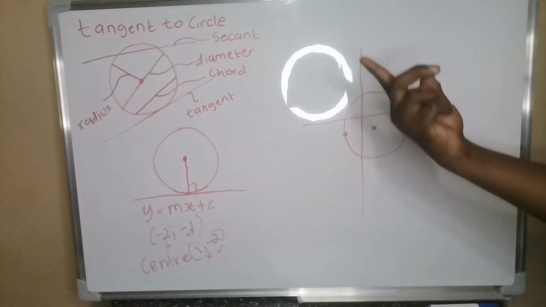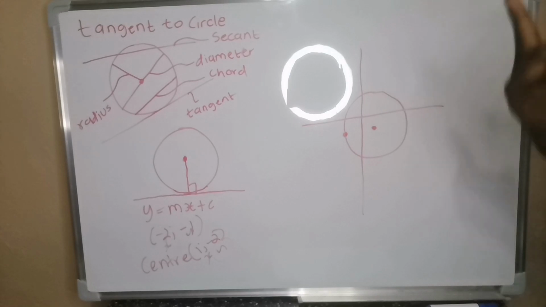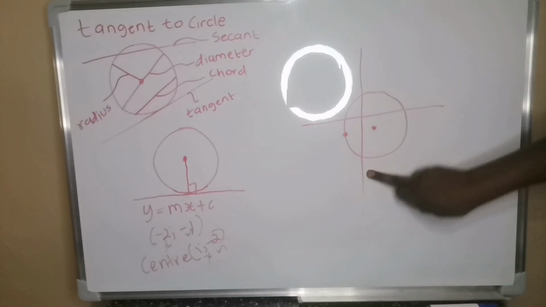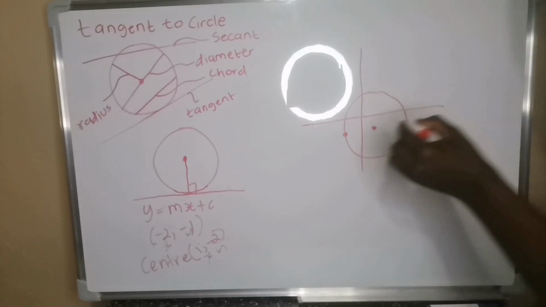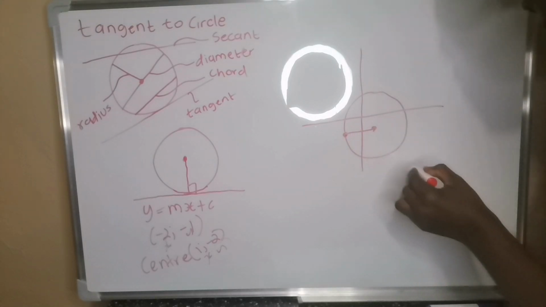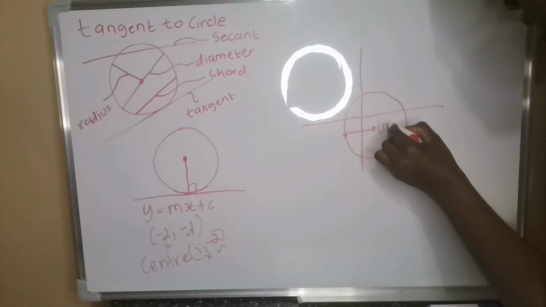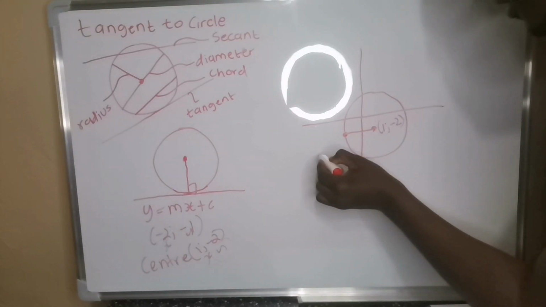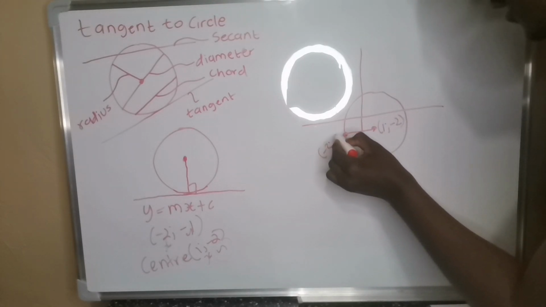So you have a center here, which is 1 and negative 2, and you have a point given, which is negative 2 and negative 1.